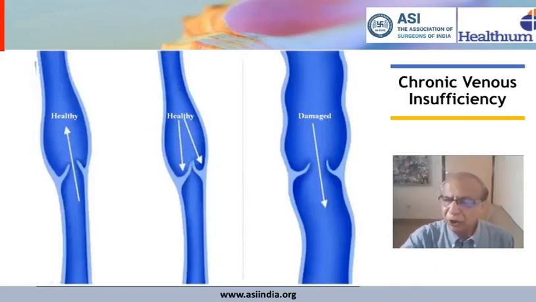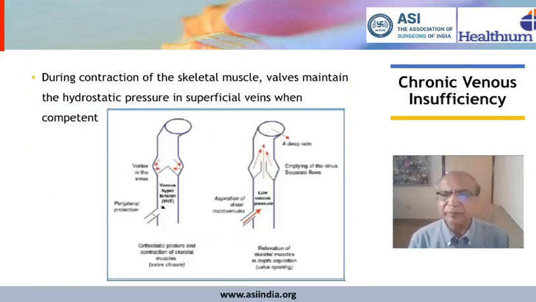However, because of wear and tear, and because of some congenital abnormality or poor formation of the valve, these valves may get damaged and there may be a constant reflux of the blood back into the direction in which it should not go.